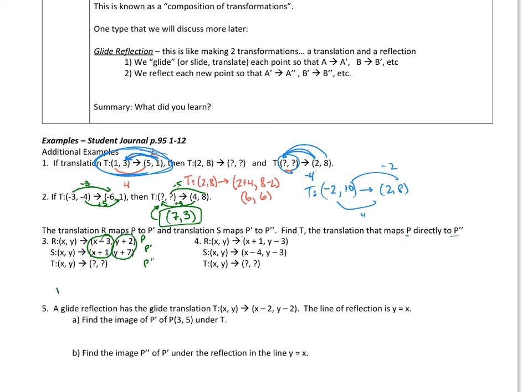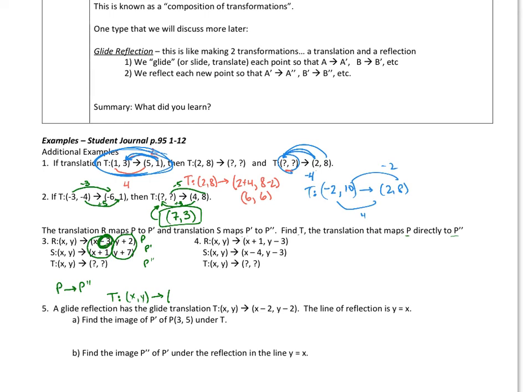So P mapping directly to P double prime would be the translation such that (X, Y) maps to, now we're going to add the X components. This would be X minus 3 and X plus 1. I subtracted 3 from the X. Don't add the X's, just add what you're doing.